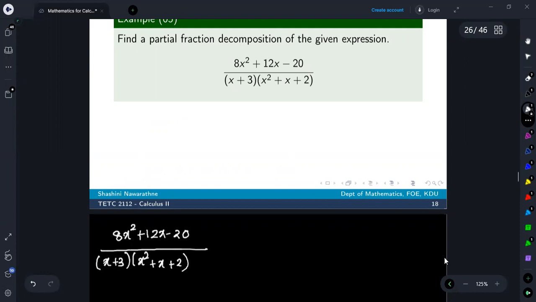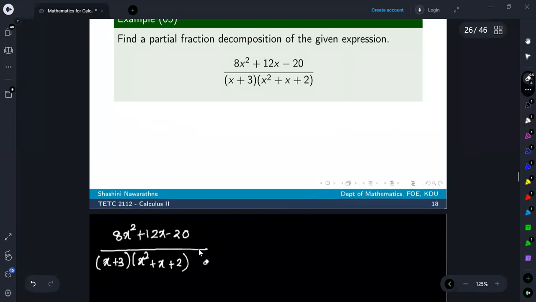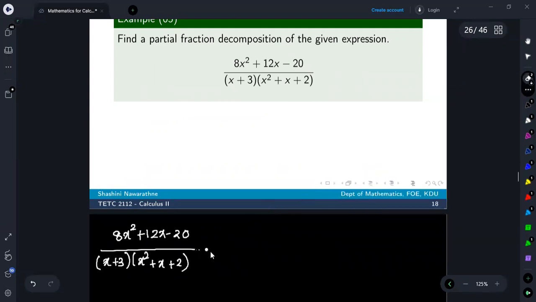This is the example for which we are going to find the partial fractions.